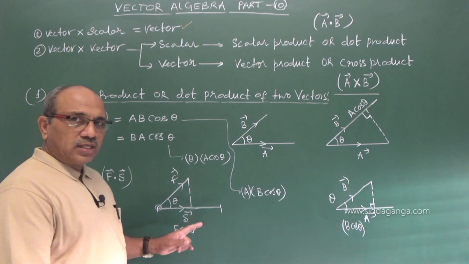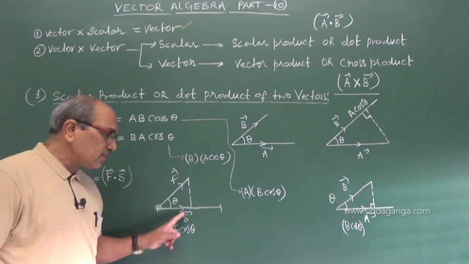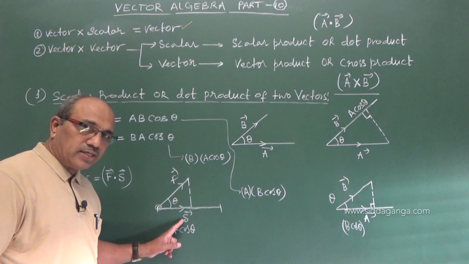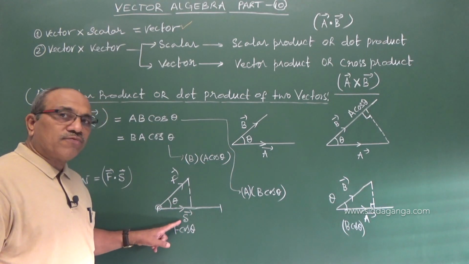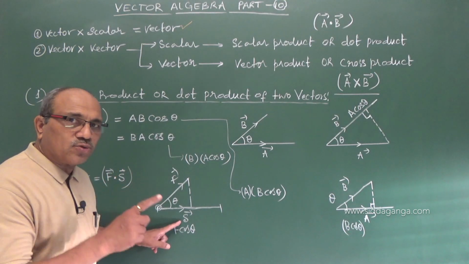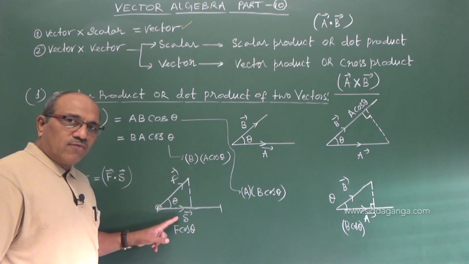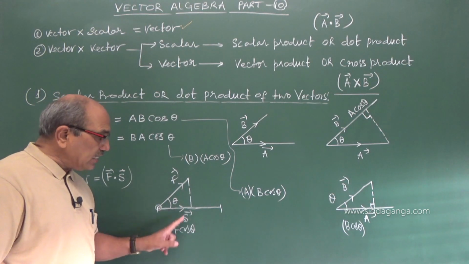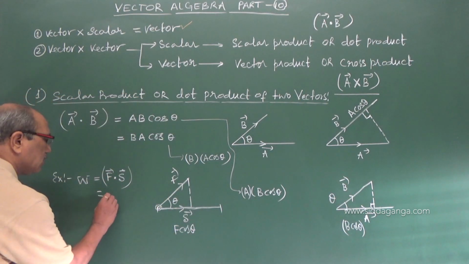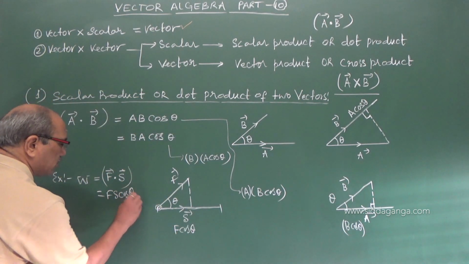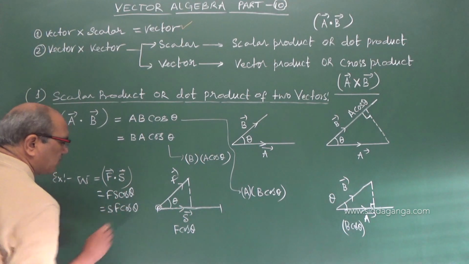The actual force, the real force, when F is acting in some other direction than the displacement, then only the component of force which is in the direction of displacement is effective to perform the work. Possible only the component of F in the direction of S. That is what I can write as Fs cos theta, or S into F cos theta, no problem.